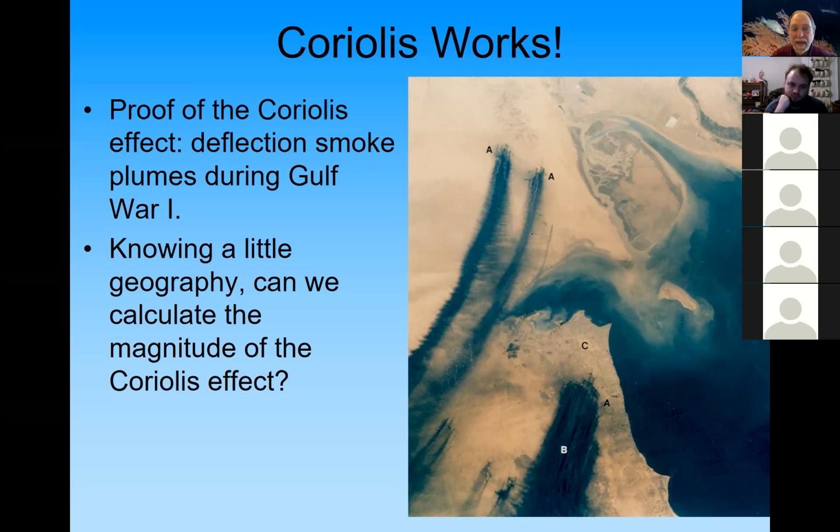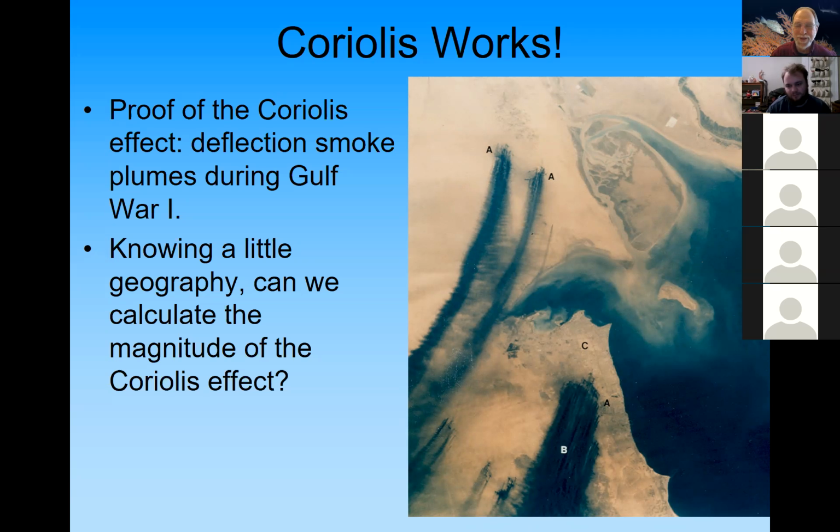Okay. And just as a matter of historical interest, the first attempts to calculate this Coriolis effect were not performed for sailors or people trying to understand the motion of wind. The reason for trying to figure out the Coriolis effect was for artillery officers trying to calculate where their artillery shells would land.